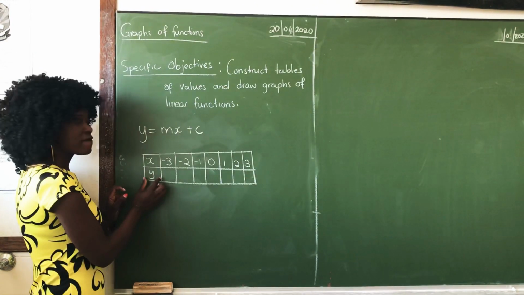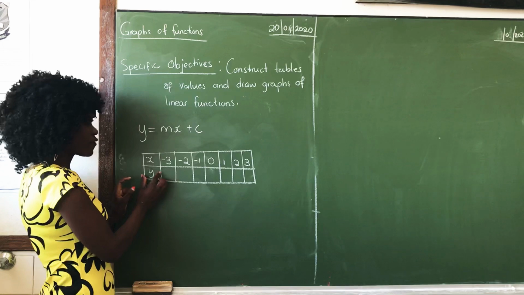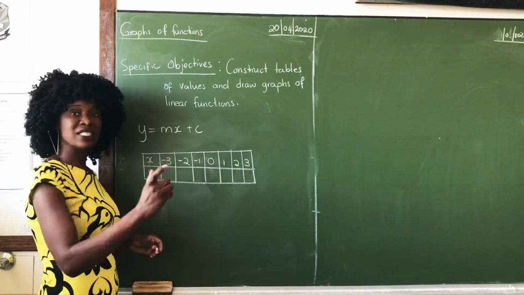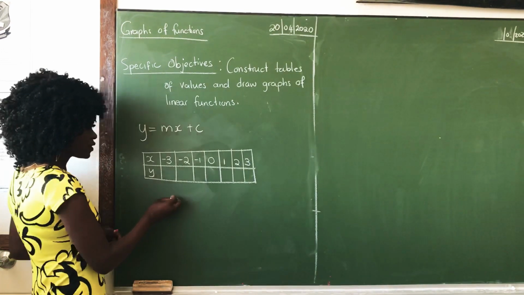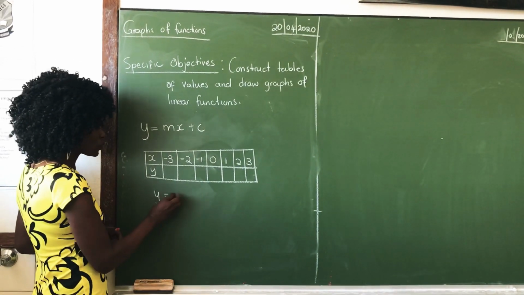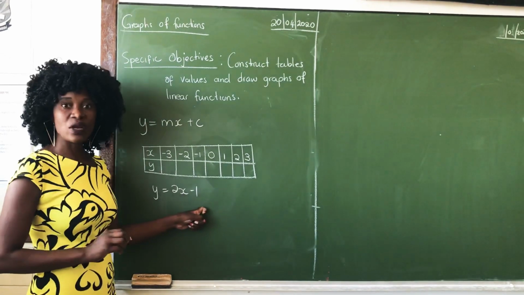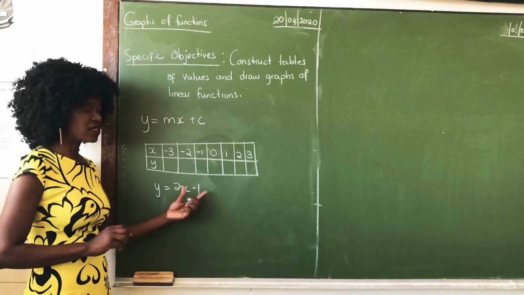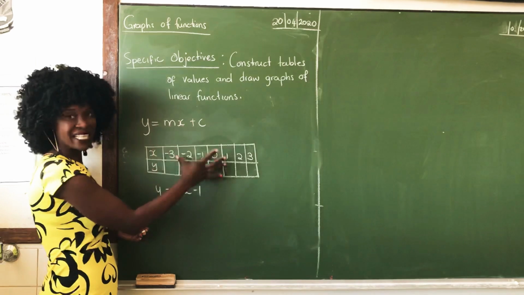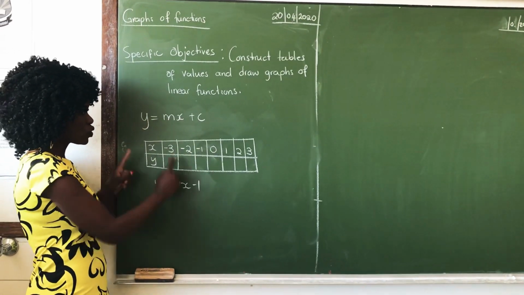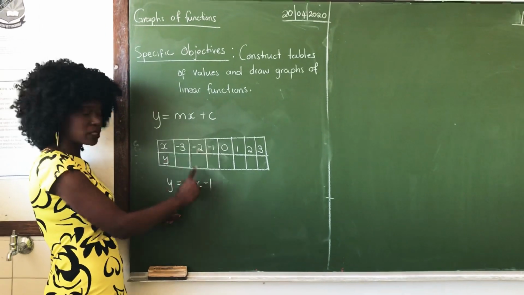But now, for the value of y, in order for us to figure out what y is, we'll have to use a specific equation. Let's say, for instance, you are given y equals 2x minus 1. You need to make use of this equation to complete this table. From this equation, we can see that the value of m, which is our gradient, is +2.